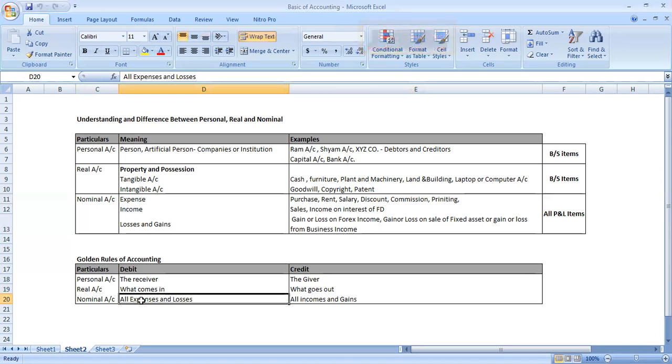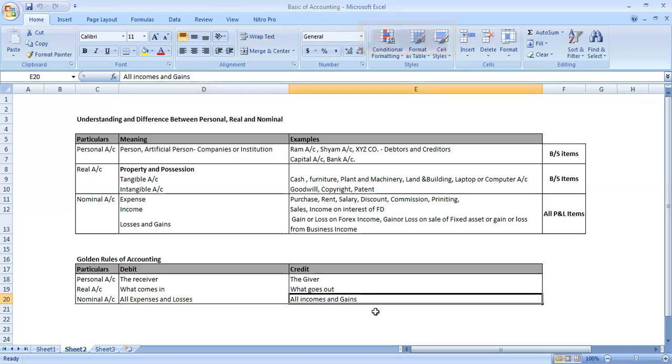Next comes the nominal account. Since nominal accounts relate to all those items which relate to my P&Ls, here I'm going to debit all my expenses and losses, such as my purchase accounts and all my direct expenses such as rent, salary, operating expenses, discounts, commissions, security guard expenses, cleaning expenses; everything will be part of my debit account.